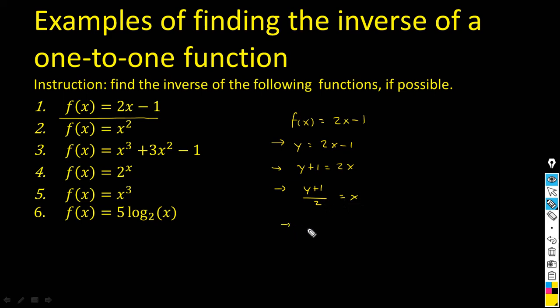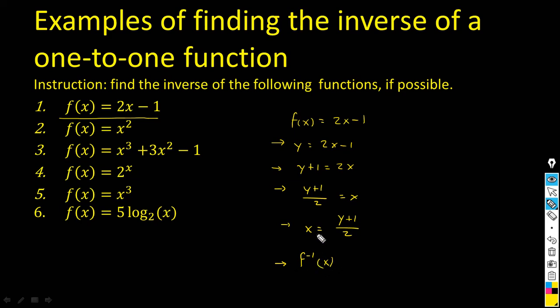We are done. x is equal to y plus 1 over 2. So now to finish, what you have to do is this. You have to write the inverse function in this way. You look at this, and then you're gonna convert, and this goes without explanation. If any one of you is interested in this, ask me in the chat. You're gonna convert the x to this symbol, f inverse of x.